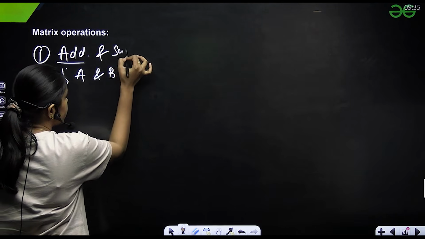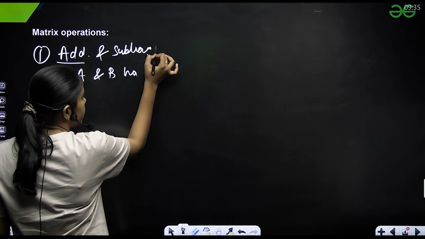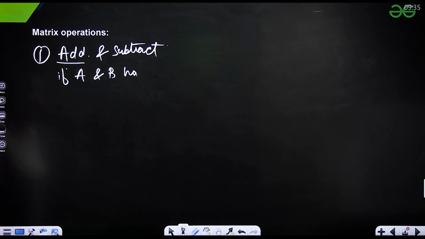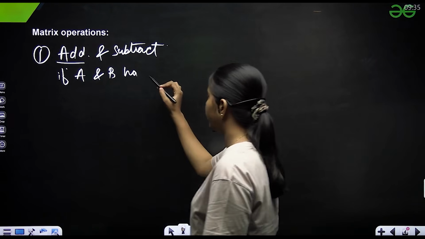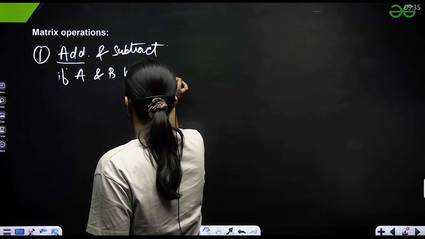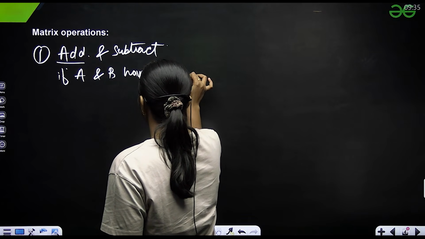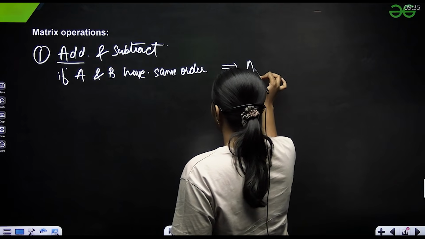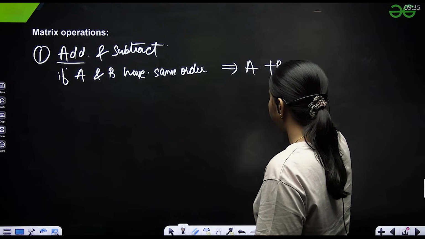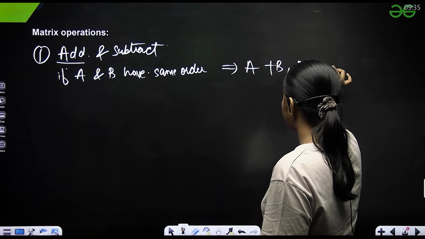Addition and subtraction, you can discuss both. These two are possible if A and B have the same order. Otherwise, you would not be able to find the addition of 2 matrices. If they have the same order, you can find A plus B and A minus B.